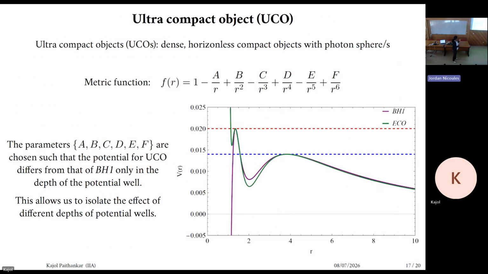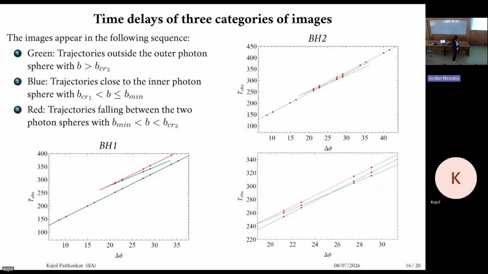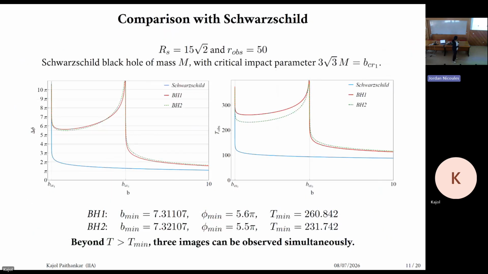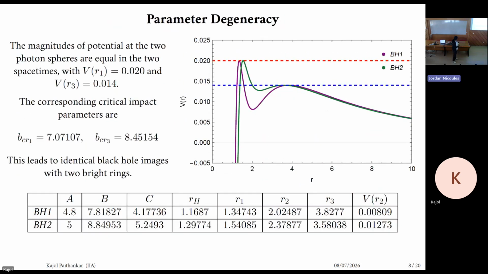Then we thought of doing it for some compact object, because if you see the potential here, it's not just that the depth of the potential well is different, but in fact even the location of the photon sphere is different here. So if you just see the values of R1, R2, and R3, they are different. So you can see the turning points. If I draw a horizontal line here, it's not just that it's experiencing a different potential, right?